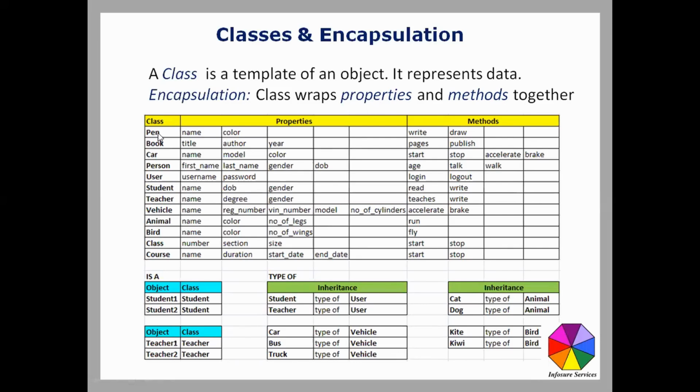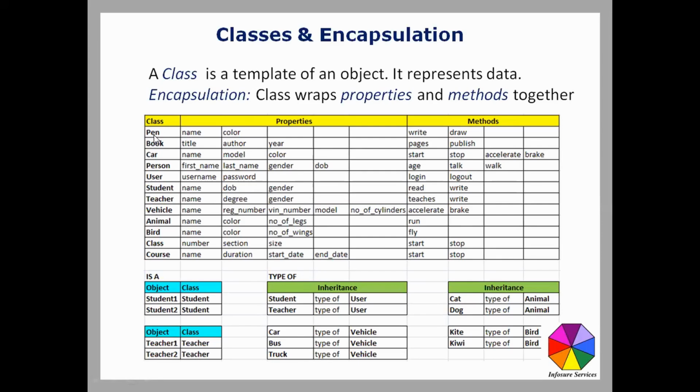Now, here are some examples. Pen is a class name. Pen can have a specific name, can be a fountain pen, a gel pen or ink pen. It has a name, and it has a color. It could be a red pen, blue pen, like that. So these are some properties of the pen class.